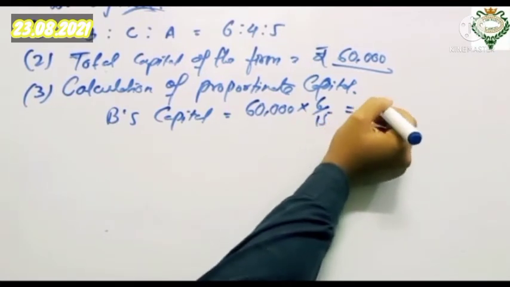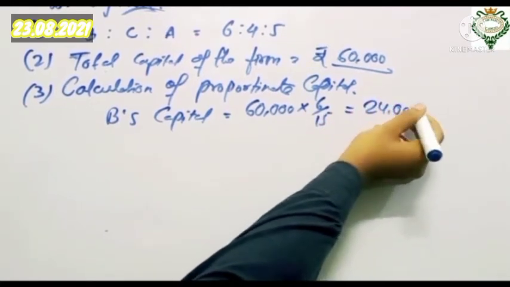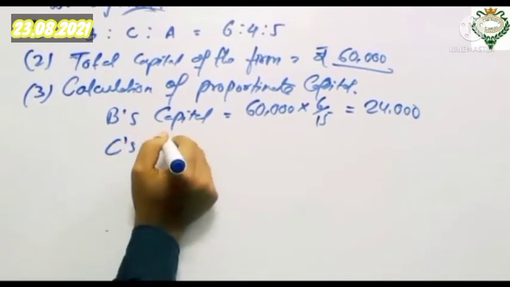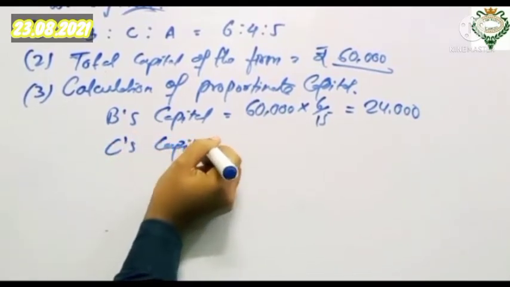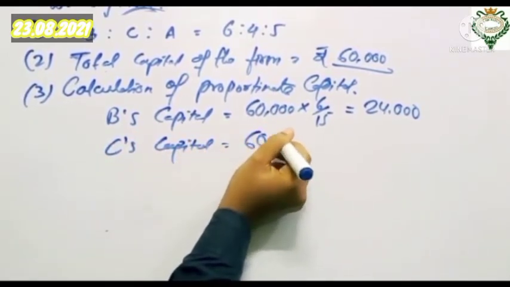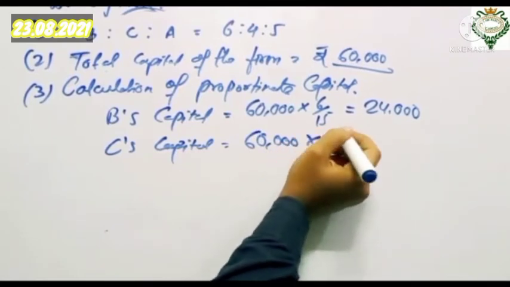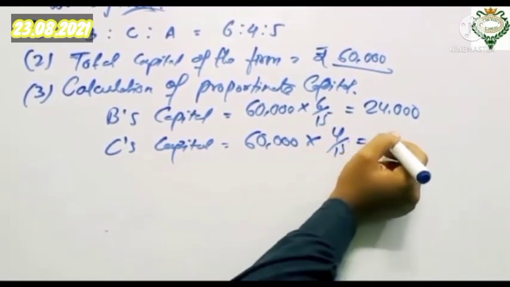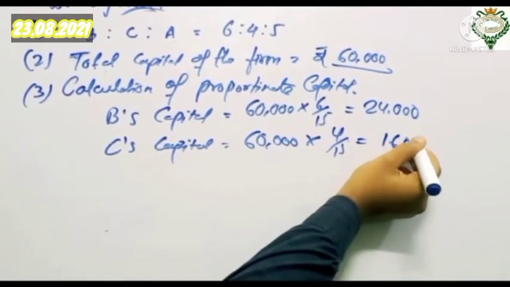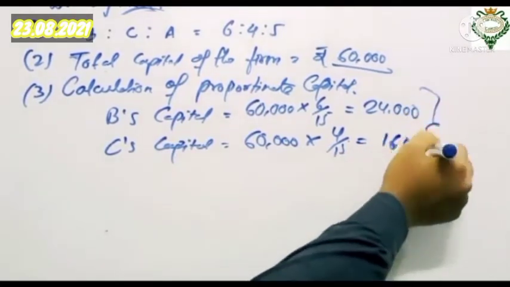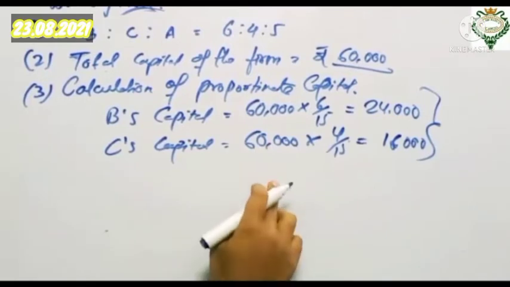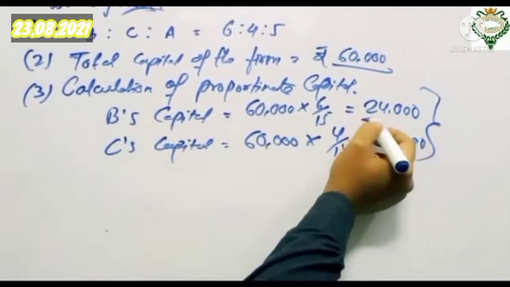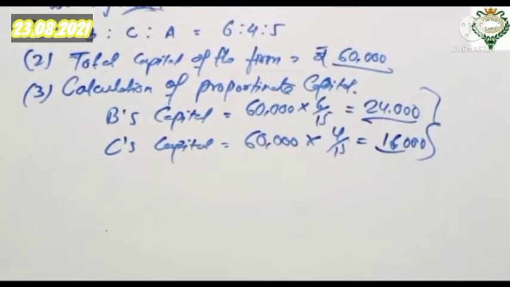So you will get 24,000. And C's capital is 60,000 into his new share 4/15, that means here 16,000. Okay, so we are done with the calculation. Now draw the partners' capital account format.